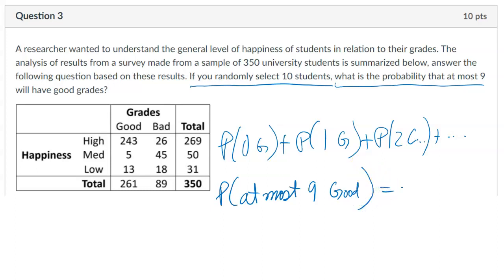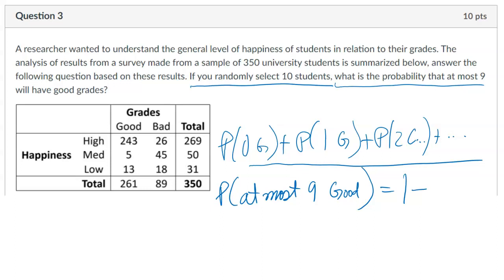But doing it in this way, it's going to take you a while. So it's better to think about the complement. You say, okay, the probability of at most 9 with good grades is exactly the same as 1 minus the probability of all the other things that can happen.